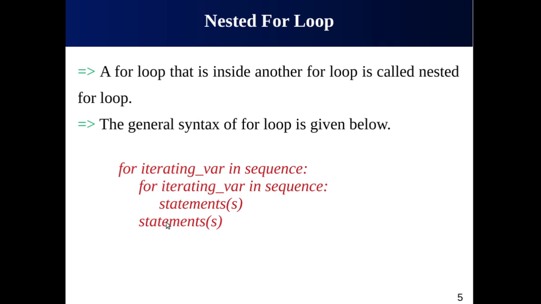So the execution of this statement depends on the condition mentioned in the outer for loop. It has nothing to do with the condition of the inner for loop. But it is important to note how the indentation works inside the body of the nested loop.